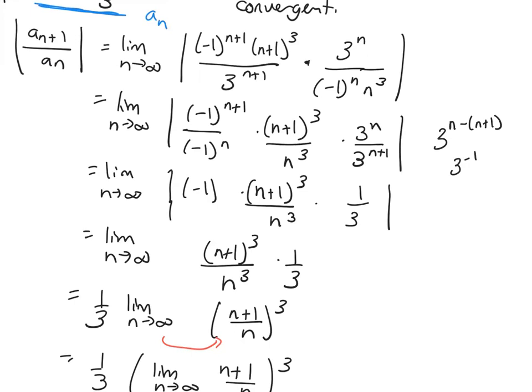So you're just using your rules of exponents, really, when you do that. What about the negative 1 to the n plus 1 over negative 1 to the n? That one is the same thing, n plus 1 minus n. So what does that simplify to? Negative 1 to the first, which is what I wrote.